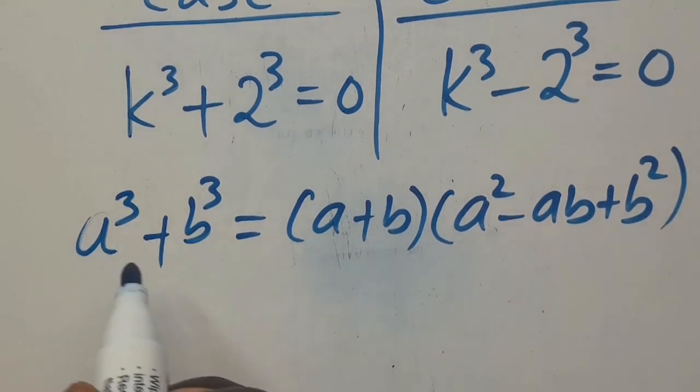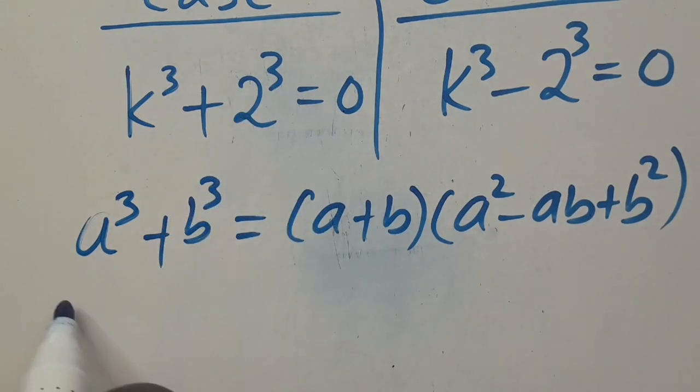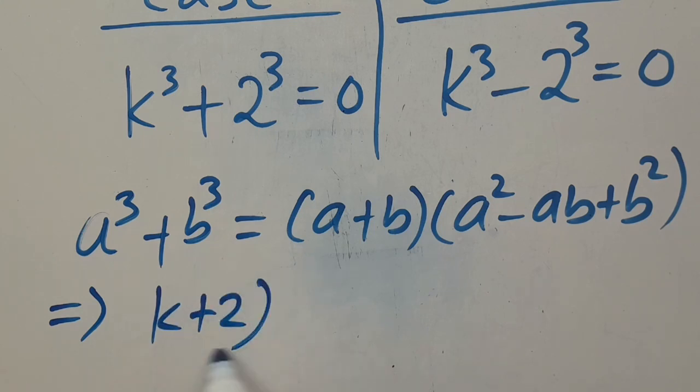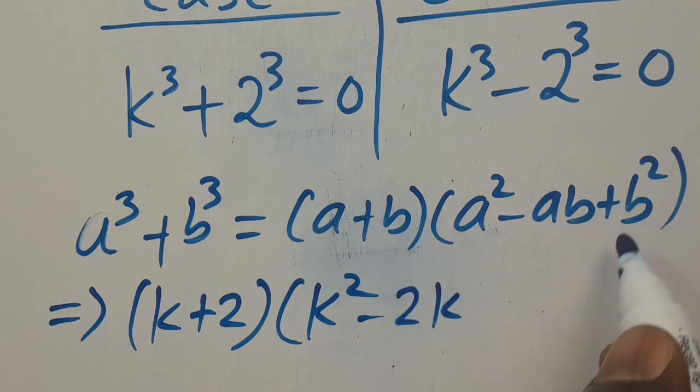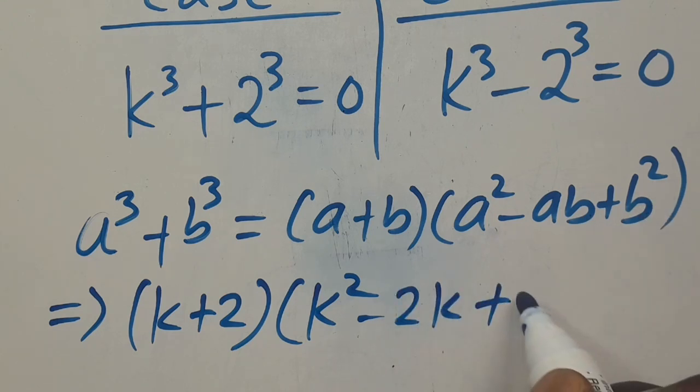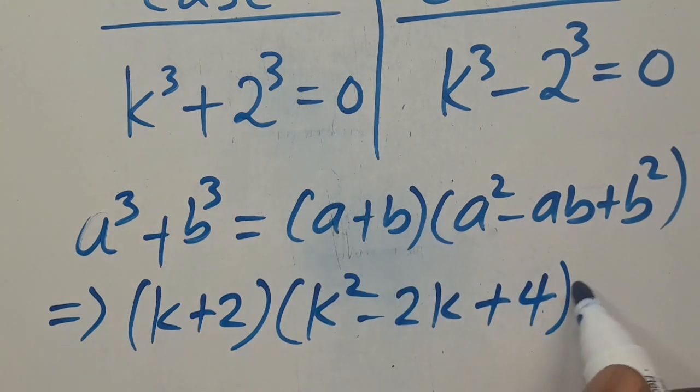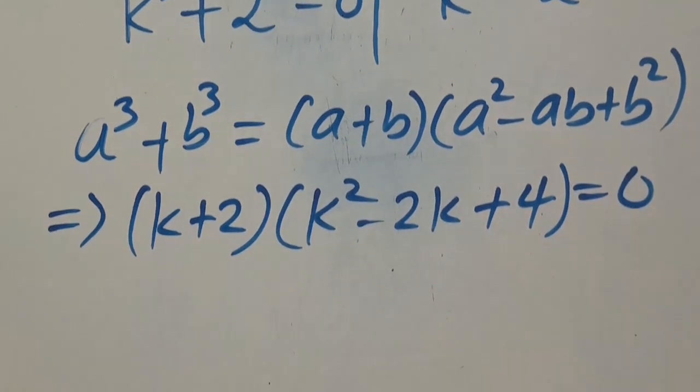So where we have our a to be k, and our b to be 2, this implies we have k plus 2, all in brackets, then a squared will be k squared, minus ab will be 2k, plus b squared, which is 2 squared, will be 4. Then we set everything equal to 0.